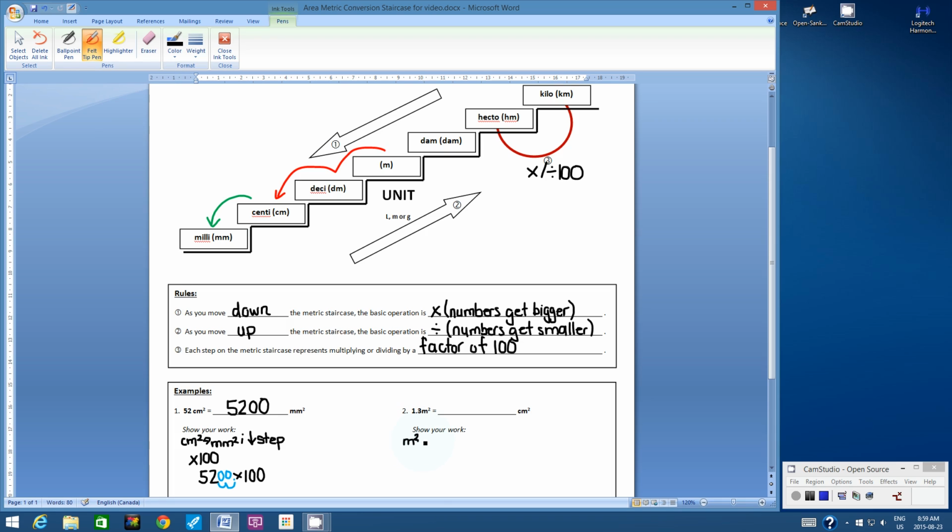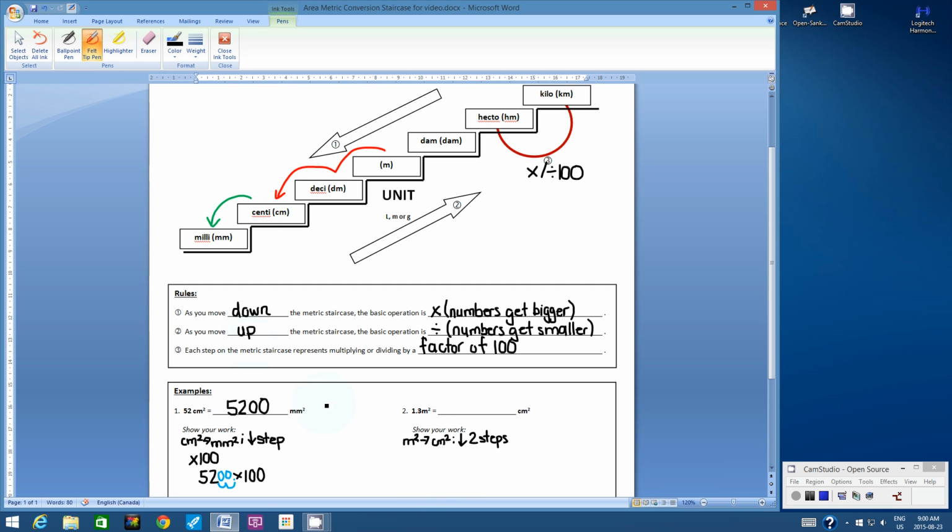Meters squared to centimeters squared represents a jump downwards of 2 steps. Okay, we move down 2 steps.